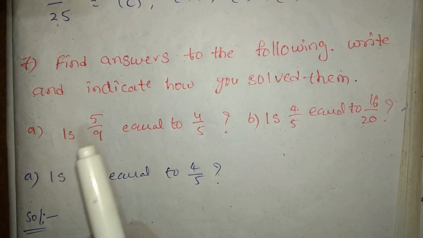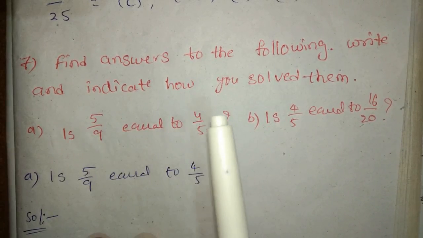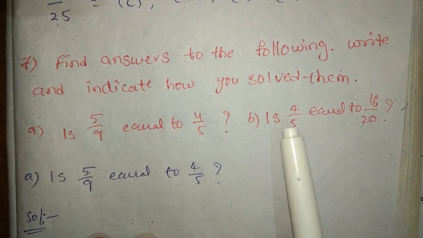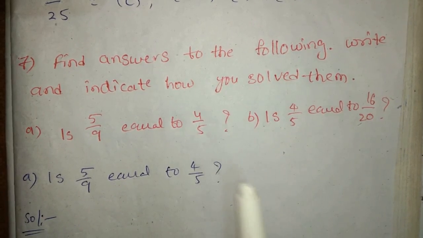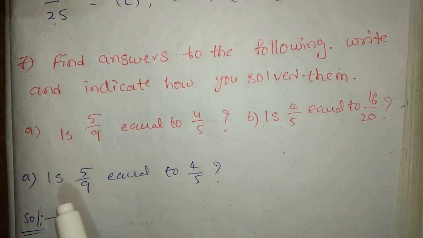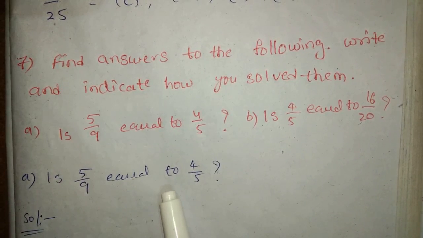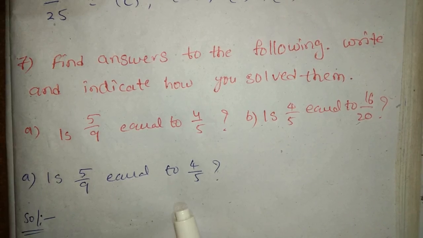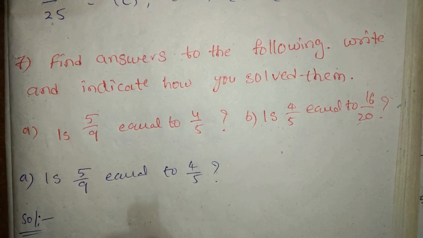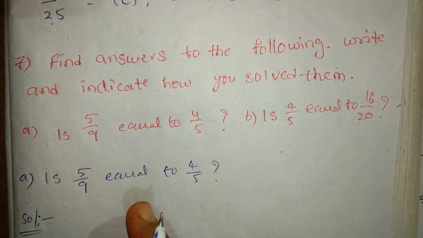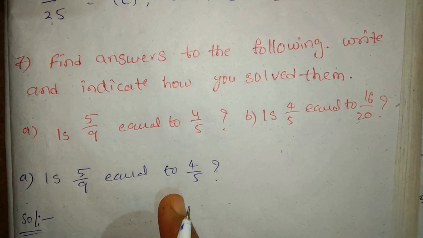A. Is 5 by 9 equal to 4 by 5? B. Is 4 by 5 equal to 16 by 20? Now let us see A. Is 5 by 9 equal to 4 by 5? When you compare both fractions, the denominators are not equal and the numerators are also not equal.